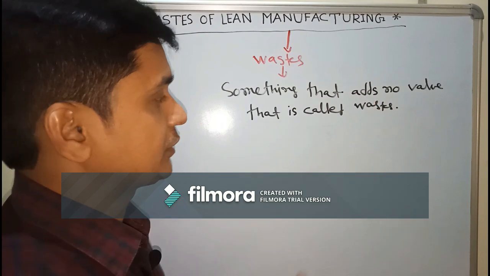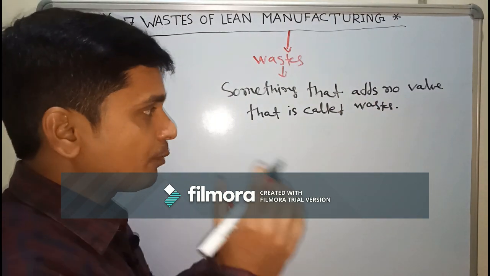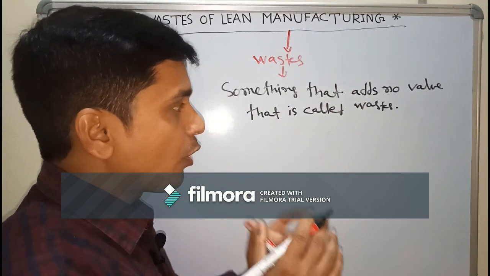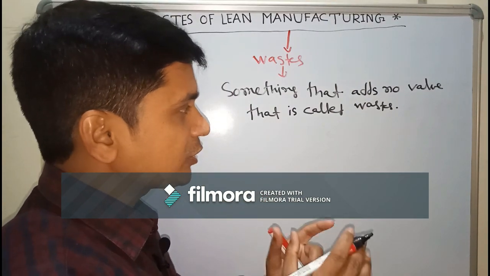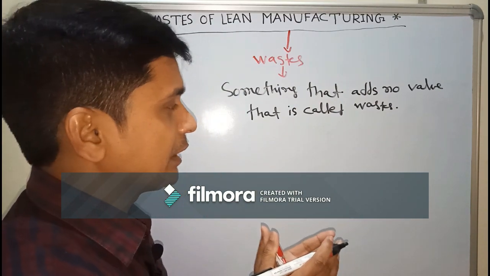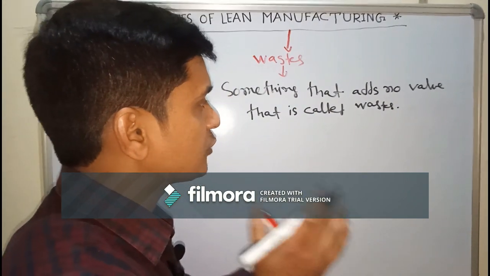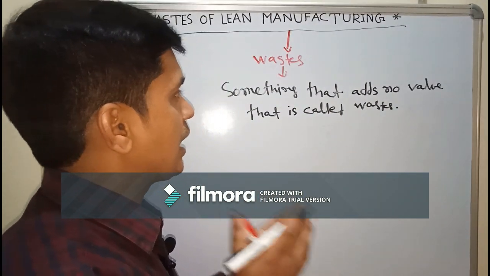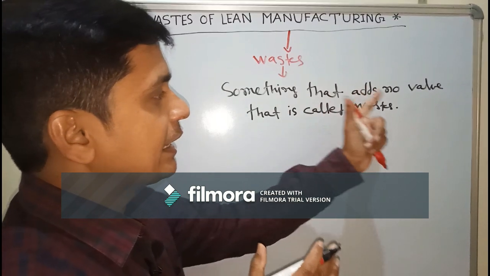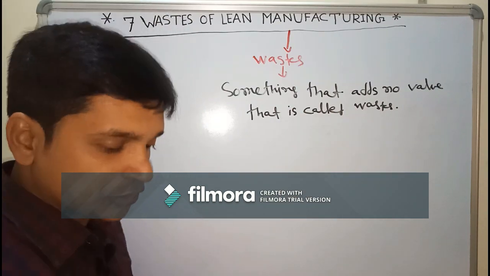That is called wastage. If you are making a product during the process and your product is rejected, that means the customer does not give the proper price for that product. That means your rejected part is a wastage. That is why we say that wastage is something that adds no value.